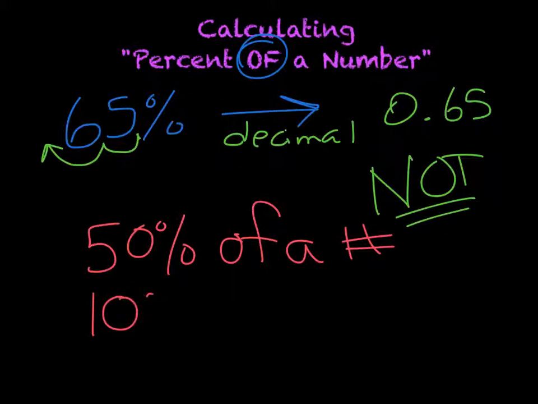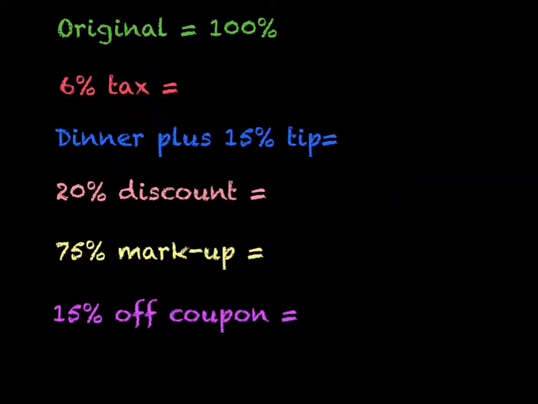I hope you know that for 10% of a number, I can just divide it by 10 or move my decimal 1 place to the left. So just keep in mind, we're going to be calculating the percent of a number. We're trying to find what part of a whole equals a certain thing. All right, let me give you some shortcuts.